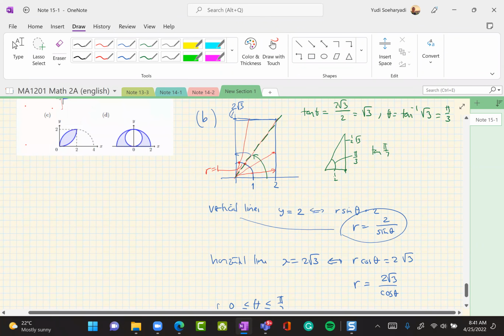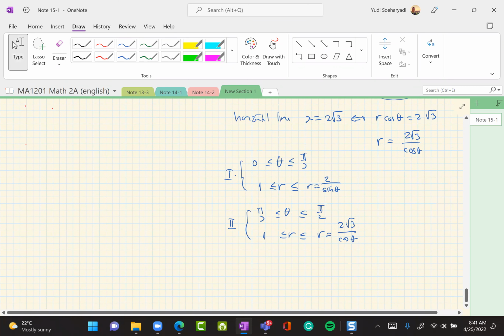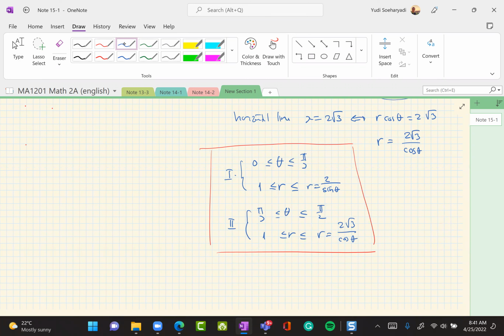Okay, so this is the expression for this area. Questions?